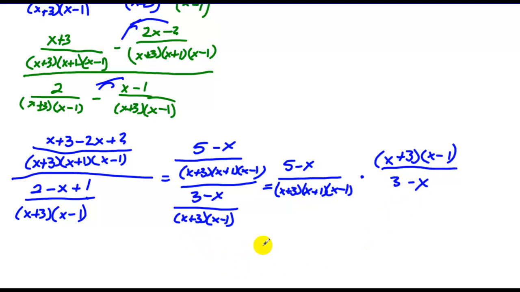I look for my common terms to reduce. Looks like I've got an x plus 3 and an x minus 1, leaving me with 5 minus x over x plus 1 and 3 minus x, and I can leave it as is.